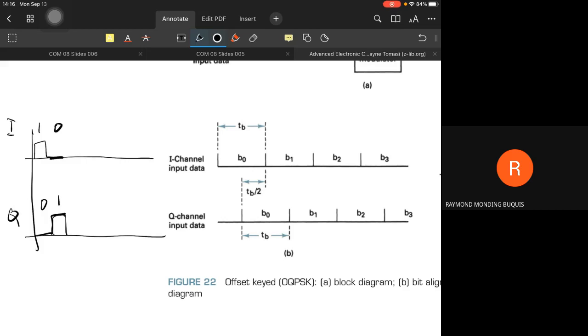Sa constellation diagram. But what if i-delay nato by 1/2 bit ang Q. So, notice here, nga walay change in state. 0 man eh.